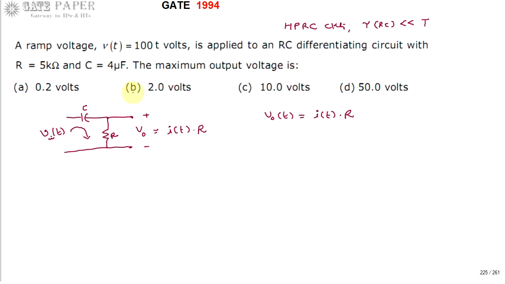Current flowing through the capacitor can be written as I of t is equal to IC of t, which is nothing but C into d by dt of the voltage difference across the capacitor.